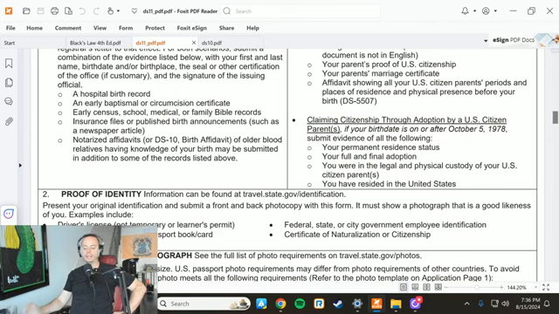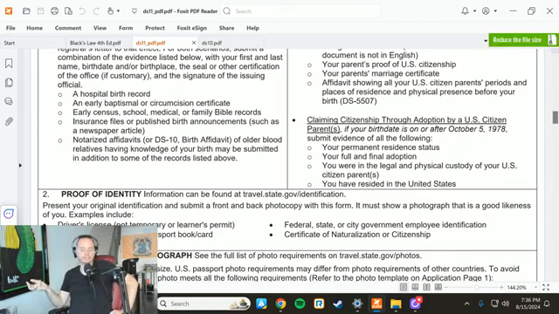Now, I'll tell you what, the worst thing that can happen is you pay $300 and they tell you to go away. And then you go back in the next week, you fill out another application, you wait 3, 4, 5 weeks, they tell you no. You go back in another week later, you fill out another DS-11, you pay the $300 and they tell you no. That's the worst thing.